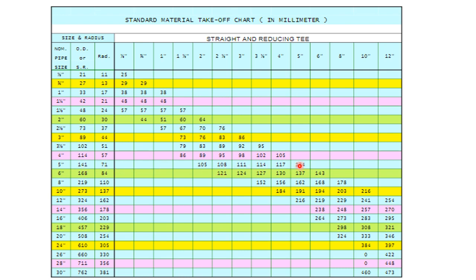For 4 inch we get here 105, that is here 105. Like this you can see the sizes of straight and reducing tee take out from the chart.